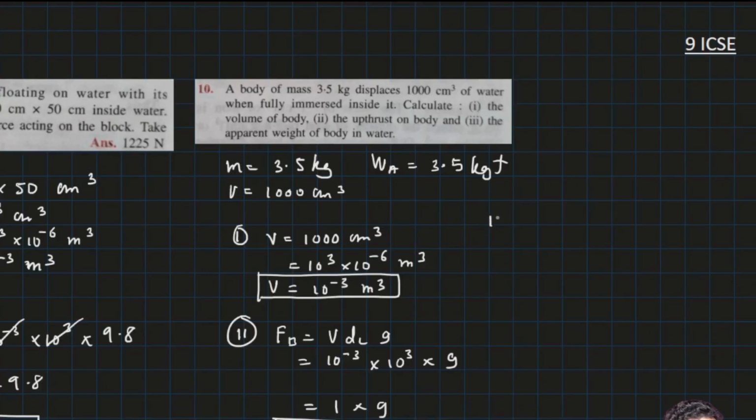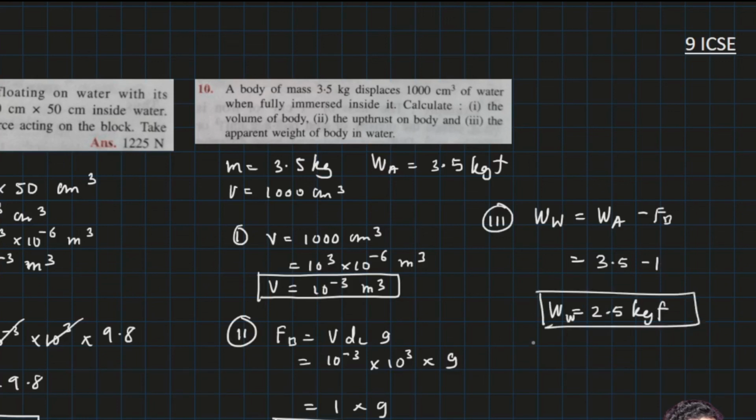Coming to the third part, what is the apparent weight? The apparent weight, that is weight in water, will be the weight in air minus the upthrust. Weight in air is 3.5, minus 1, so that will be 2.5 kgf. So this is weight in water, which is also known as the apparent weight.